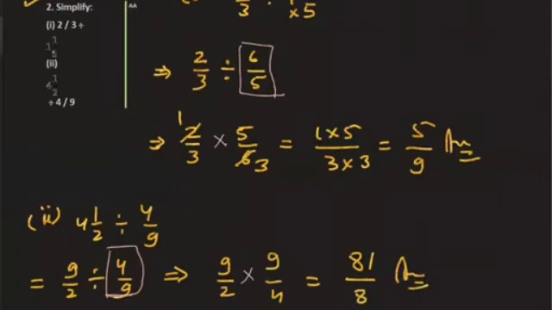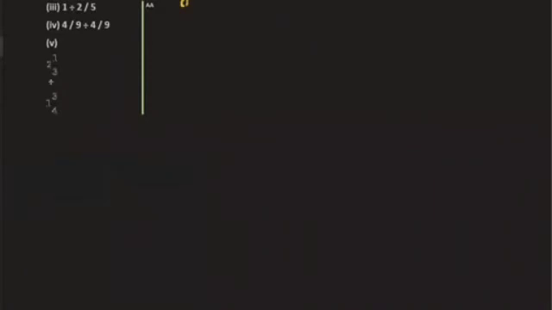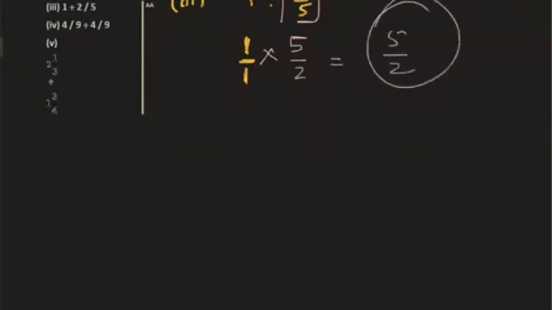Okay, third question. 1 divided by 2 upon 5. Now I want each and every one to solve this question. So 1 upon 1, then multiply, and we will write 5 upon 2. Fine. So 5 ones are 5 and 2 ones are 2. So the answer is 5 upon 2.